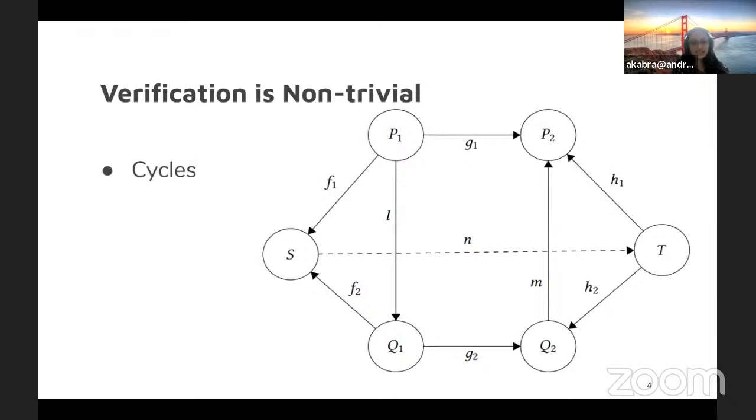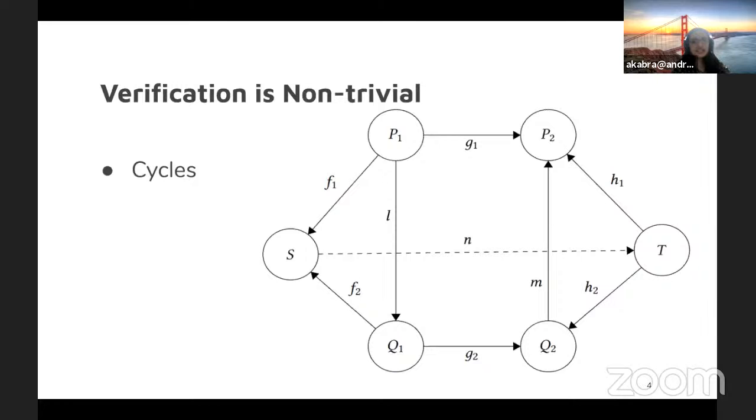Further, in a graph with cycles, the set of all paths is infinite. So the approach of just choosing all pairs of paths is not possible. And even in an acyclic graph, the set of all paths can be exponential in the worst case, which is far too inefficient.